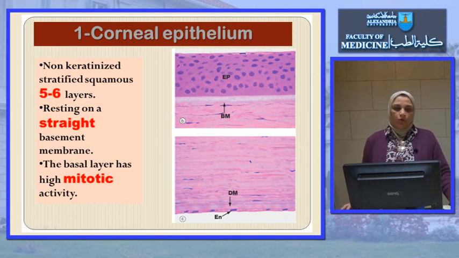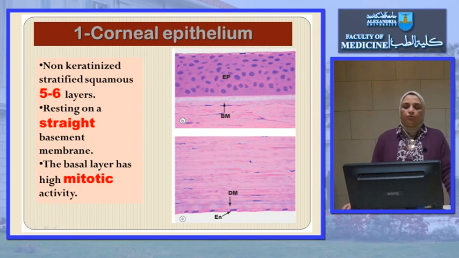First of all, the corneal epithelium. As we know, any epithelium exposed to the outside must be stratified epithelium. So this type of epithelium is non-keratinized stratified squamous epithelium. We know that these are multiple layers of cells above each other. The most superficial are the squamous cells.